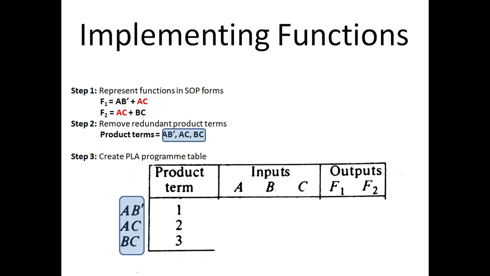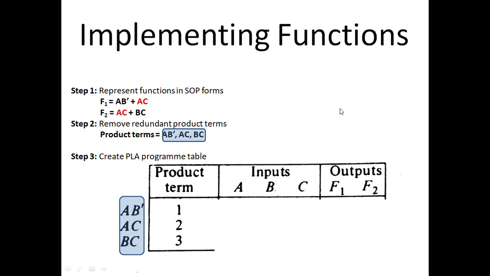It's a normal practice. If we had more product terms, we would number them as product term 4, product term 5, and so on. So in the product term column, just number these product terms: 1, 2, 3.